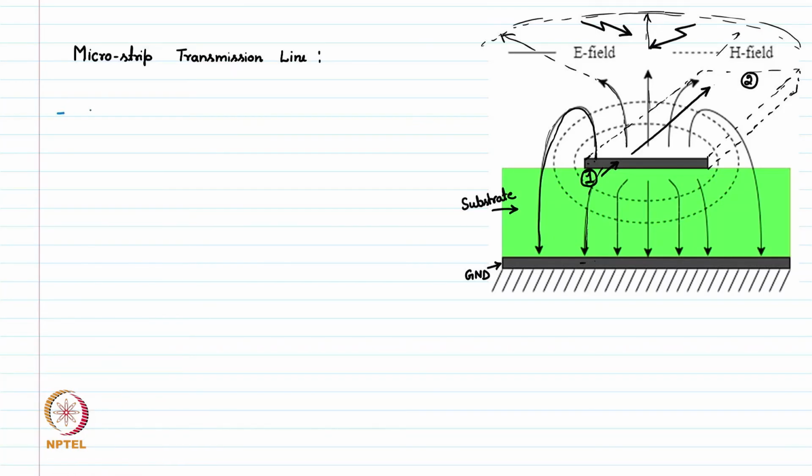So, these microstrip transmission lines are popular in RF PCB design due to their simplicity and ease of fabrication.